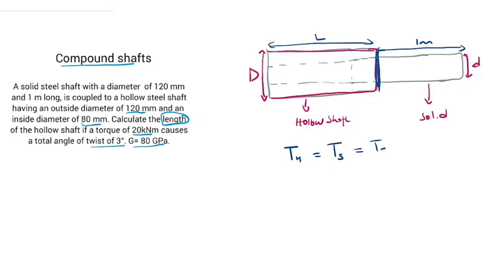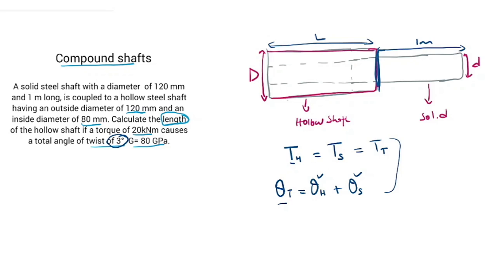All are equal to the total torque. But when you are speaking about the angle of twist, the total angle of twist is equal to the angle of twist of the hollow shaft plus the angle of twist of the solid shaft. You have to add these two to make the total. But the torque is the same throughout when they are connected in series like this.